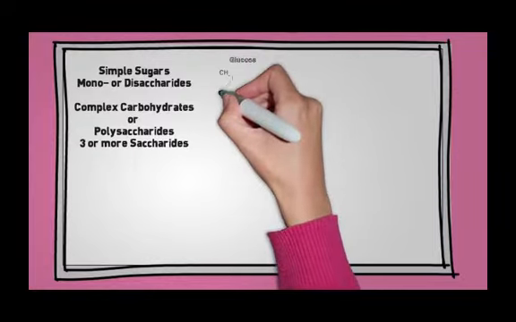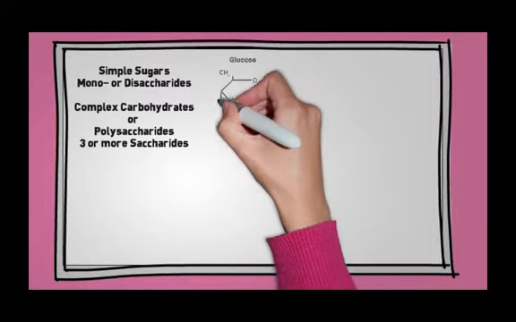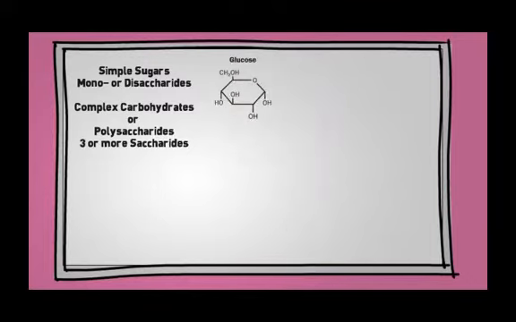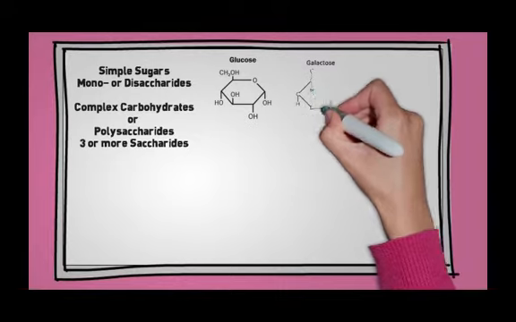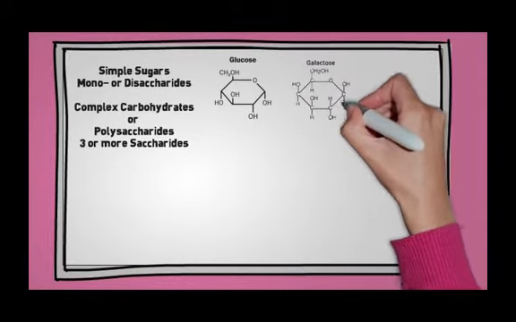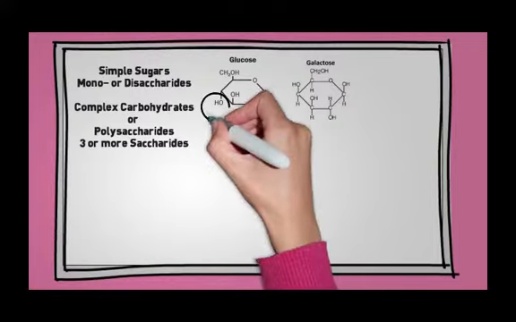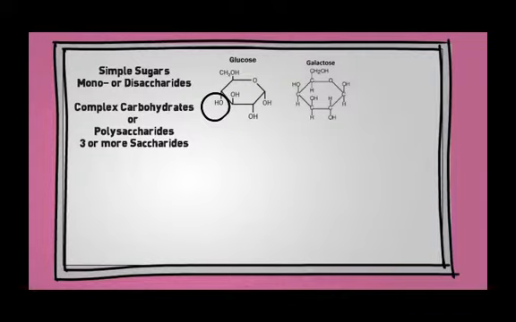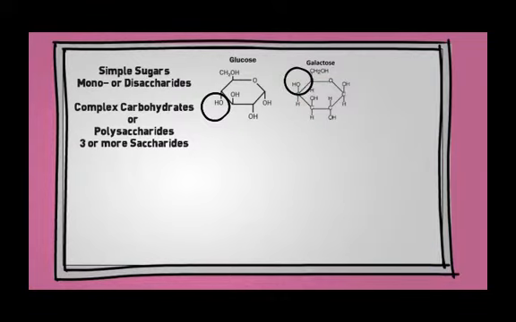Now let's look closely at the structure of a monosaccharide. Usually, 5 of the carbon atoms and 1 oxygen atom are arranged in a 6-sided hexagonal ring. This is the case with the simple sugars glucose and galactose. The structures of these 2 monosaccharides differ only by the direction of one OH group on one of the carbon atoms.